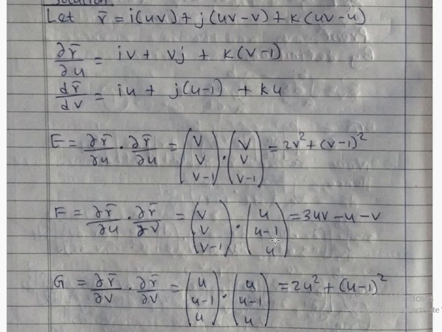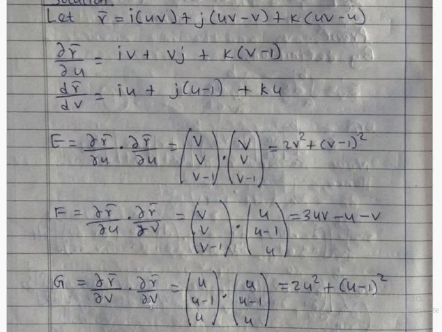So when we find the dot product, we'll have v dot u plus v dot u minus 1 plus v minus 1 dot u, and this gives us uv plus uv minus v plus uv minus u, which simplifies to 3uv minus u minus v.